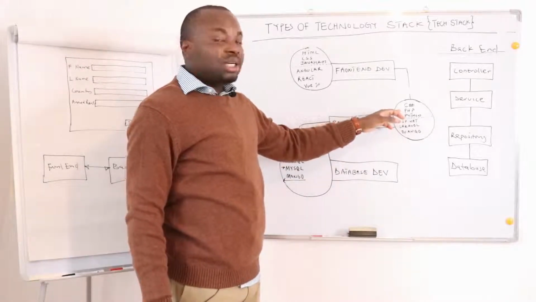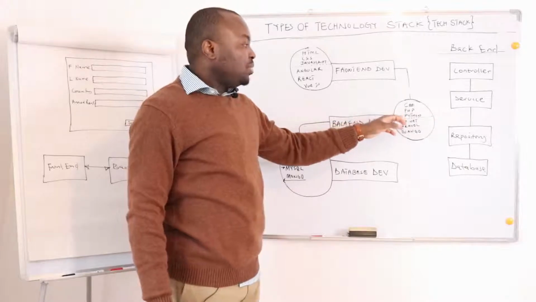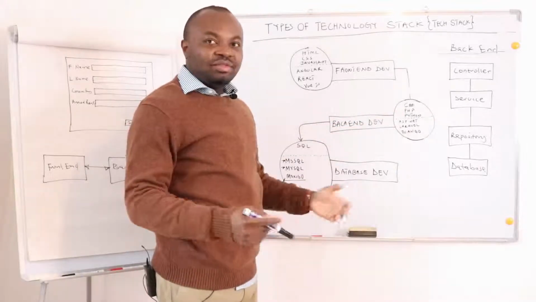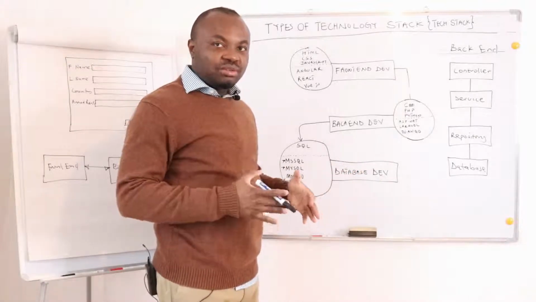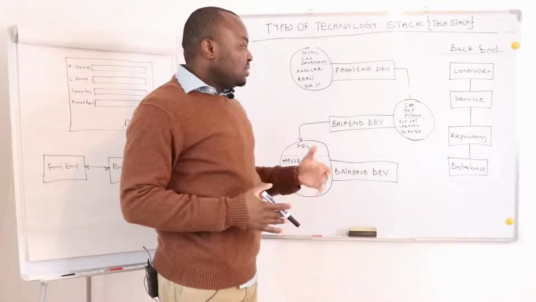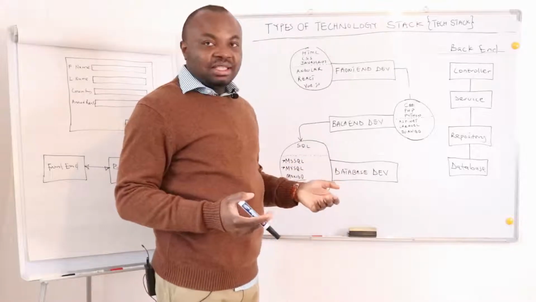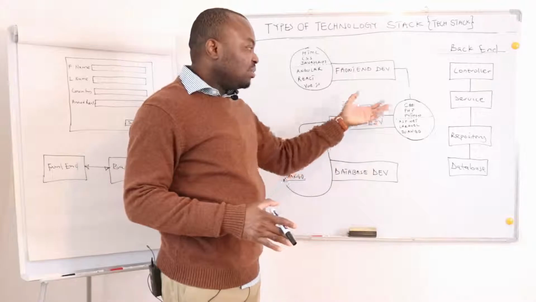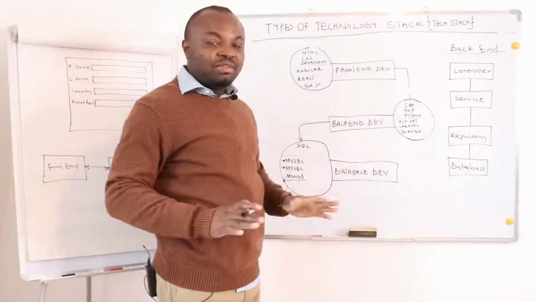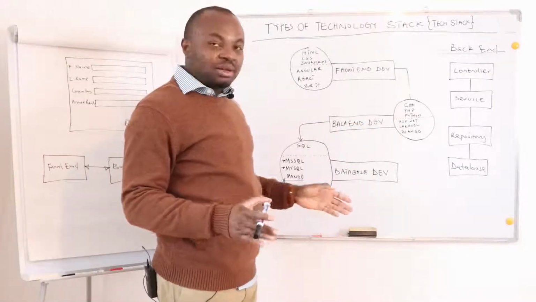We have C#, PHP, Python, Java, and Go. So we have many programming languages you can use. Personally, I'm a .NET guy. I like developing back-end applications using .NET, but I'm equally comfortable with every back-end programming language.